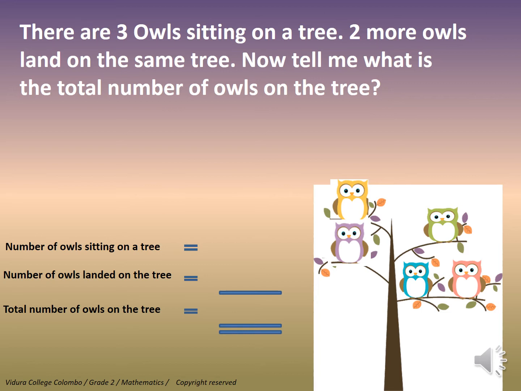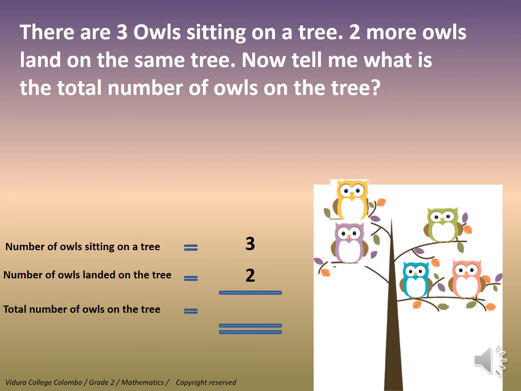Now let's read out the first statement. Number of owls sitting on a tree. How many owls were there? 3 owls. Next one. Number of owls landed on the tree. How many owls landed on the tree?